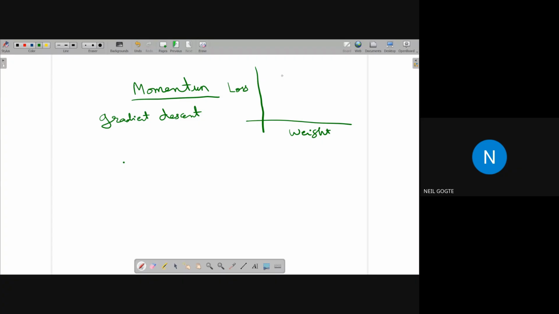And everybody will talk about this convex curve. So if you're here, this is where we want to reach, right? This is the point where we want to reach, because at this point, the loss is the lowest.